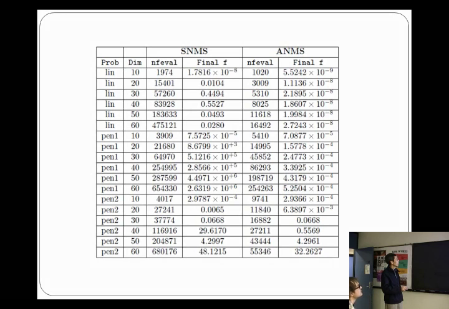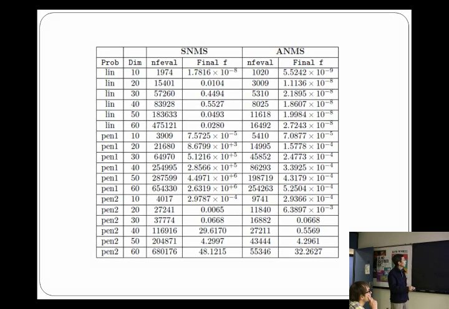Now n equals 60. After this many function evaluations, we still have this objective value 10 to the +6, not -6. That's different. And for the new implementation, we also did a large number of function evaluations, about 250,000 here. But we're able to get a good approximate solution. So that's good news for the new implementation.